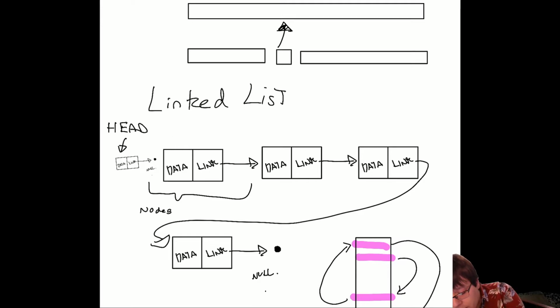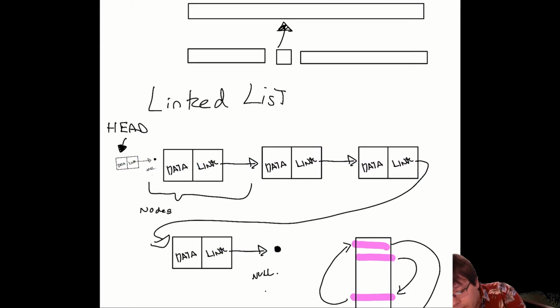And so now, if we wish to traverse a linked list, which means to be able to walk through it and maybe print the data or do something to the data, then what we do is we just dereference the head and then go there, which takes us basically right here, and then take the link to go here, and then link, link, link until we get to the null at the end. Okay? So this is great.